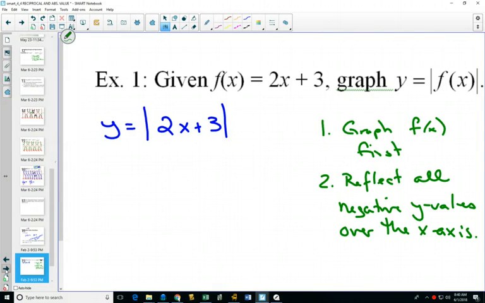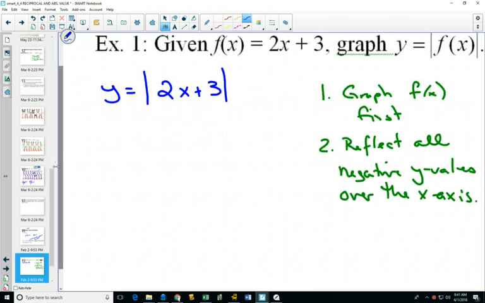Because that's what an absolute value does, it changes y values that are negative to positive. And if you imagine a negative 4 y value going to a positive 4 y value, can you see it flipping over the x-axis? A negative 2 value would go to a positive 2. Negative 7 to a positive 7. They're all flipping the entire graph over the x-axis.